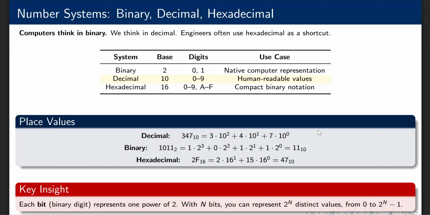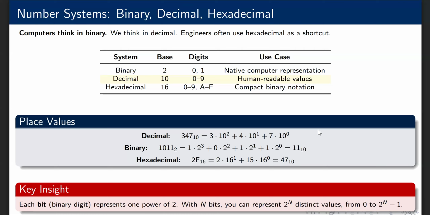The place value concept should be familiar from elementary math. Decimal 347 is 3 times 10 squared plus 4 times 10 plus 7. Binary 1011 is 1 times 8 plus 0 times 4 plus 1 times 2 plus 1, which equals 11 in decimal. Hexadecimal 2F is 2 times 16 plus 15, which equals 47.